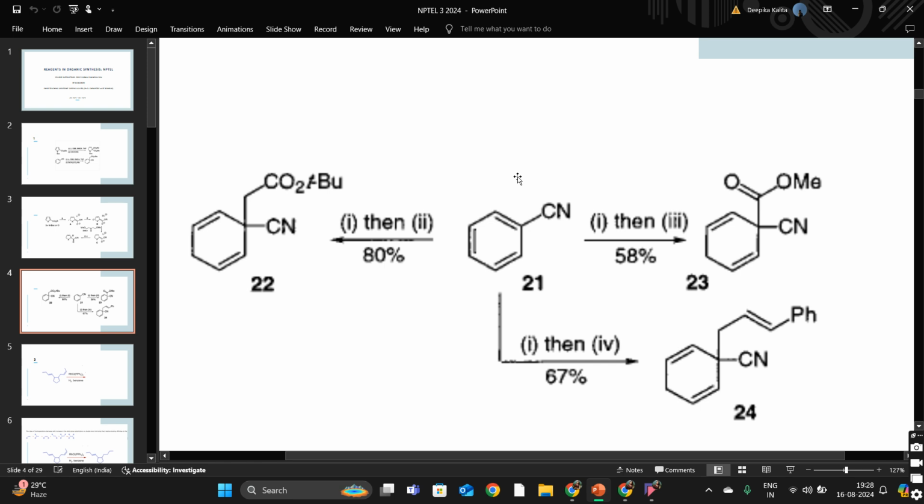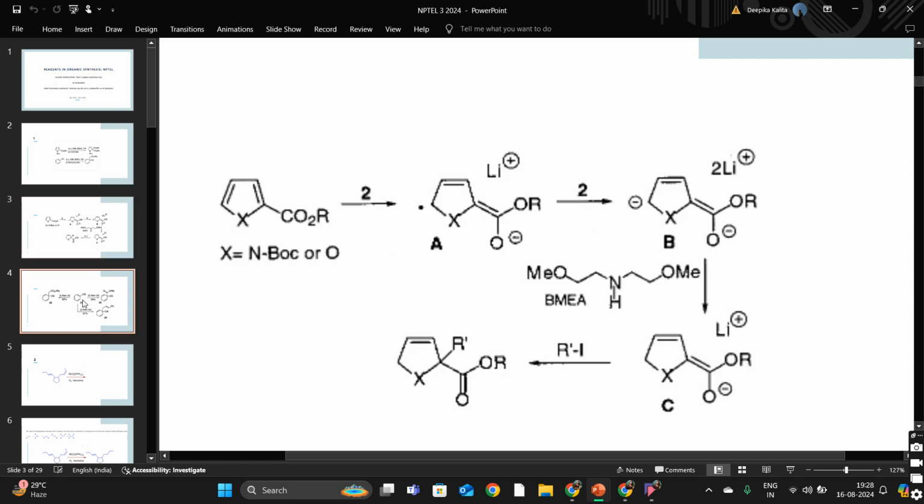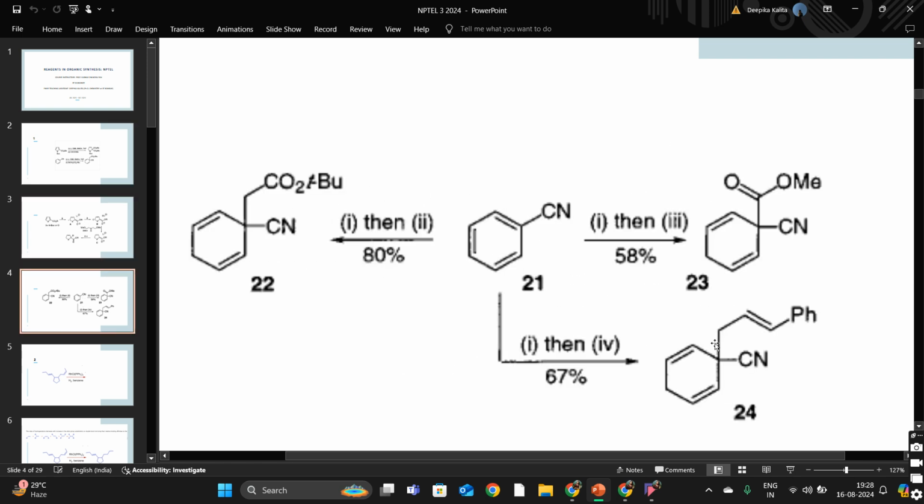Since in your question, if you see, this is the electrophilic agent given here, your anion will react at this CH2 and bromide will be knocked out. So among all these three types of products, you will get this particular product for this reaction.